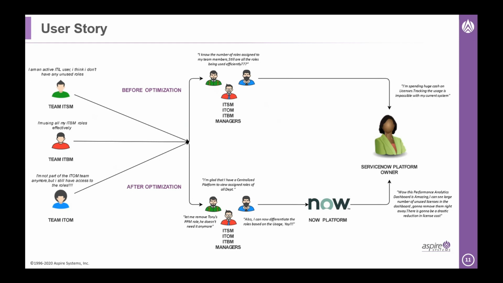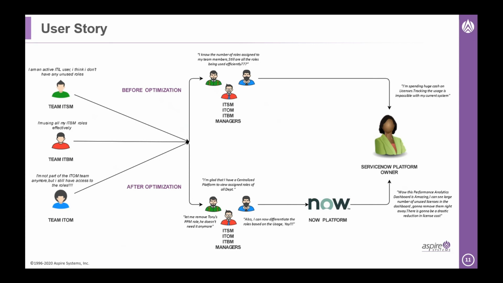Now the challenge comes in: who is managing the roles for different departments within a company, because everyone wants to use a business application, developed or already out of the box within ServiceNow, for their day-to-day activity. So we should be cautious in deciding what roles to provide to these individuals on a time-to-time basis, and we should have some kind of audit in place.